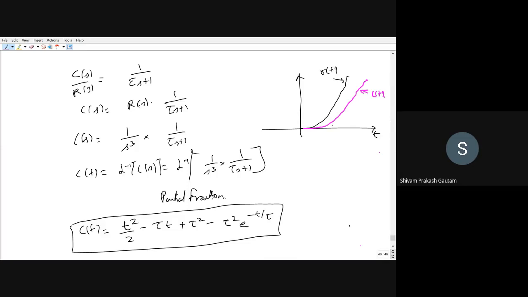So here we have seen this is my input. The black line shows the input, that is parabola, and c(t) is the response, shown as the pink line. So we have seen the response when the input is impulse, step, ramp, and parabola. We have seen the response for all the 4 cases. Is it not?